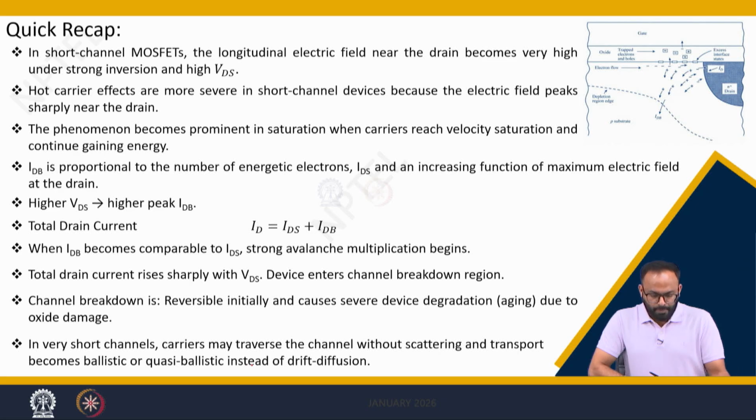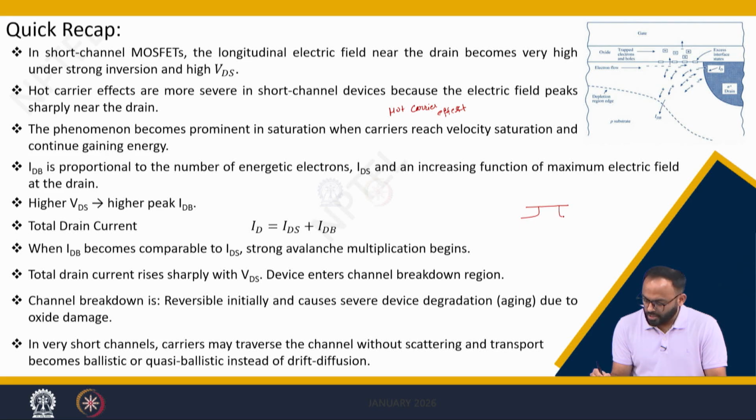Let us do a quick recap. In the previous lecture we were discussing hot carrier effects. We said that when the channel length of the MOSFET is very small, the carriers are velocity saturated throughout the channel, and these high velocity electrons, when they leave the source, move towards the drain.